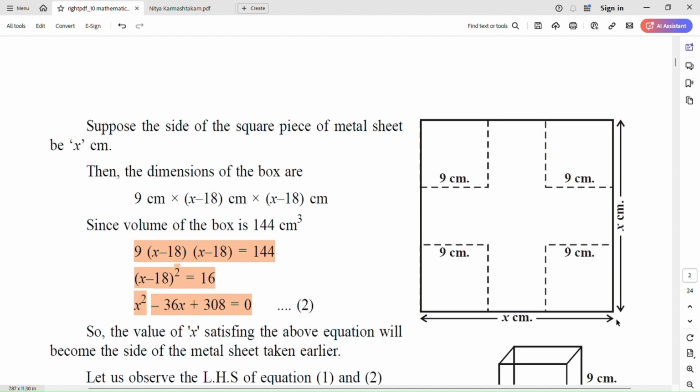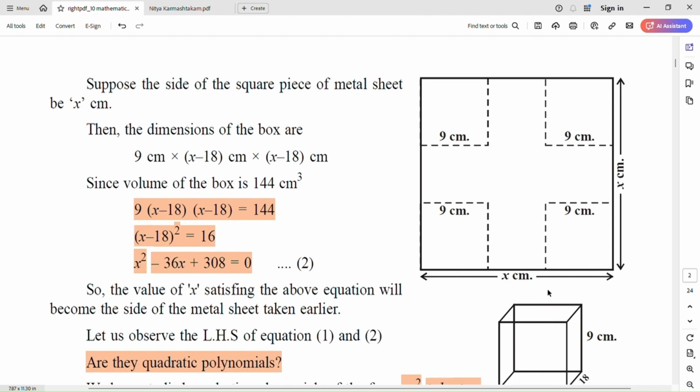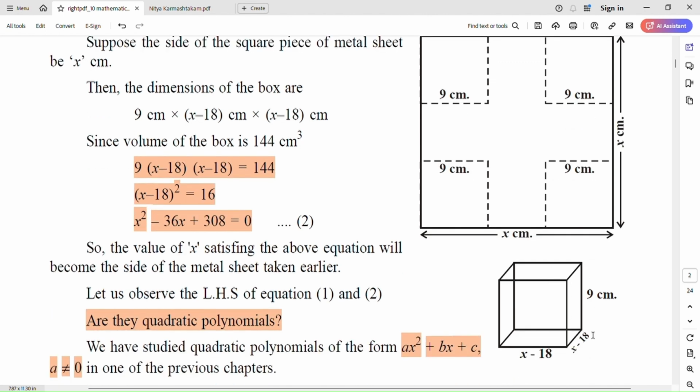She has a metal sheet, and she has cut 9 centimeters from the corners, 9 and 9, a square, and then she folded it up. So obviously the height is 9 centimeters, because this is the height it will become when you fold this up. The length and width will be x minus 18 here, x minus 18 here, correct, because this is cut.